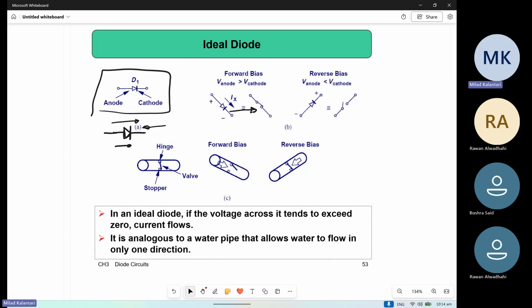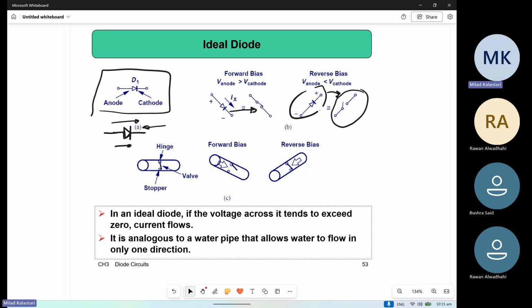On the other hand, once the voltage across the diode is reversed, you can assume that the switch is open. So when your circuit is in reverse bias, you can just remove the diode and put an open-circuit switch, right? And here it is trying to show how the diode works like a valve in a pipe.